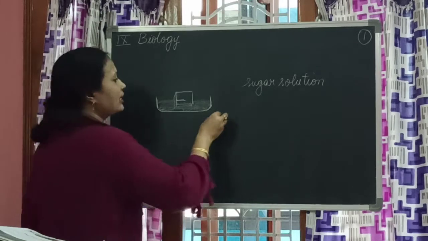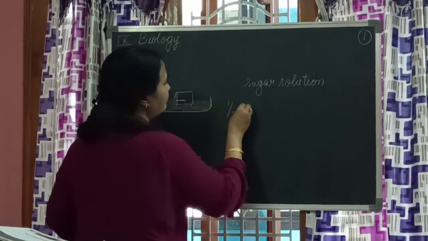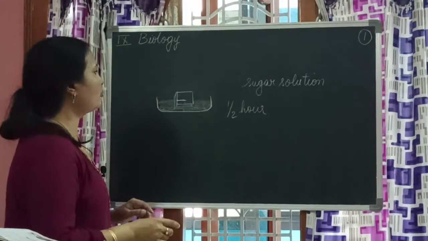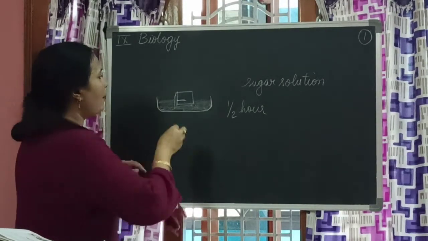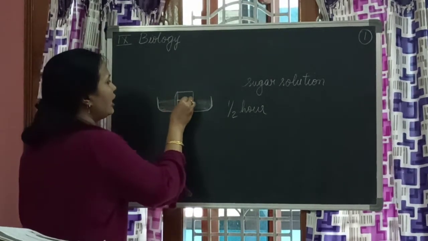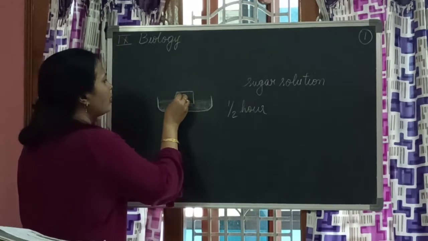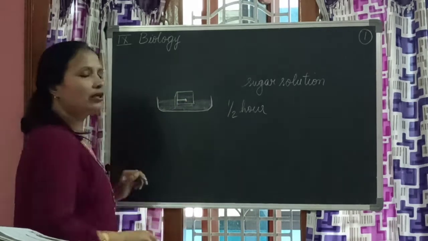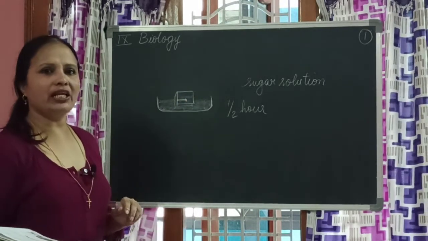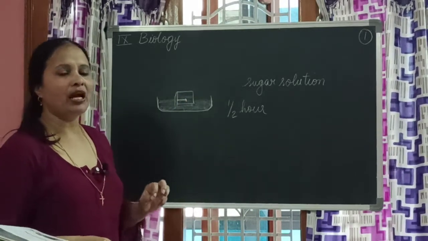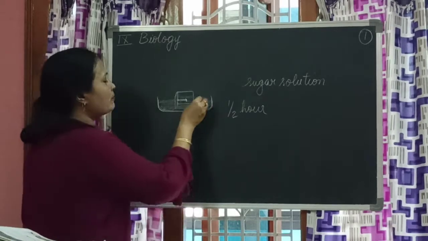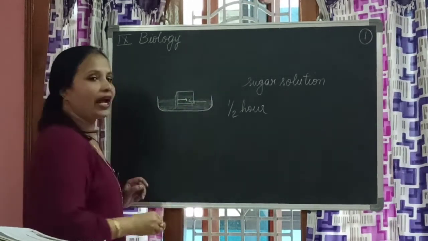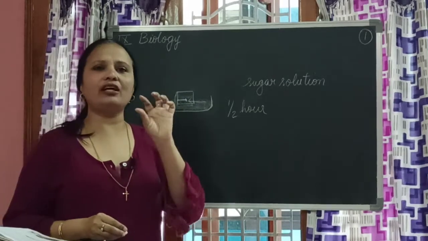Now leave it like that for half an hour. And what do you notice? Above this pin, this is the alpin that we put, the sugar solution rises above this. What does it mean? That means in this half an hour time, the water molecules from the petri dish moved into the potato, through the thick layer of the potato also.